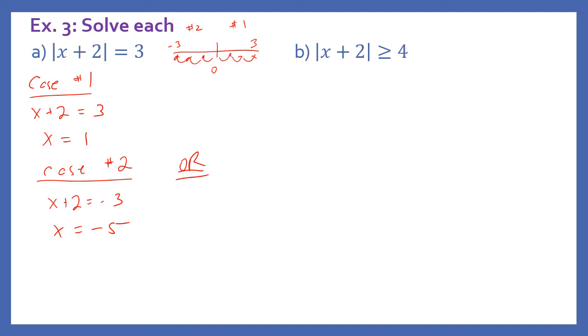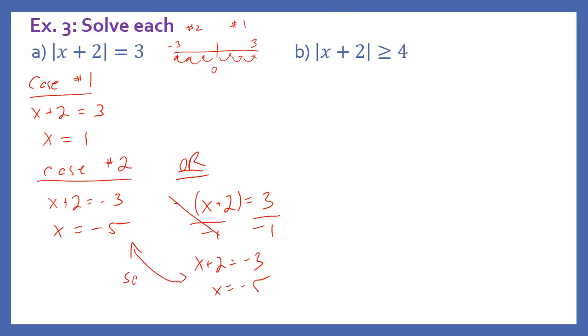Remember, that's just our simplistic definition, not actually what it does. So you could also think of this with a negative out front. Anything negative from the absolute value will turn into a positive. And how do you get rid of that negative? Divide both sides by negative 1, and you're left with x plus 2 equals negative 3. Obviously, we're going to get the exact same solution. Just a matter of what works for you for thinking about it.